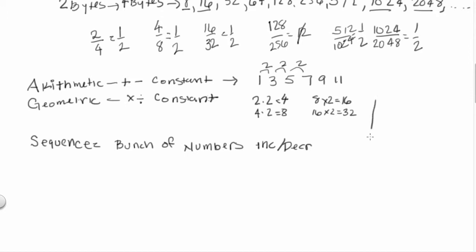So for example, if you were to plot them, your numbers would either go up and you could trace a line, or they would go down and you would trace a straight line. That's a sequence. The next one up is what we call a series. And a series is just the sum of a sequence.